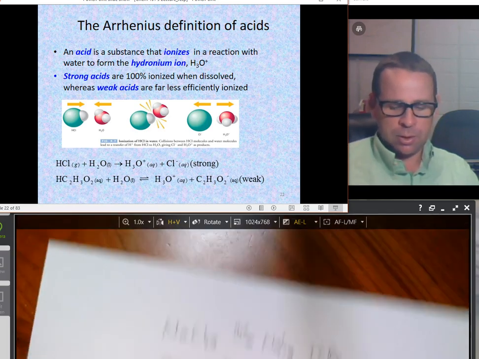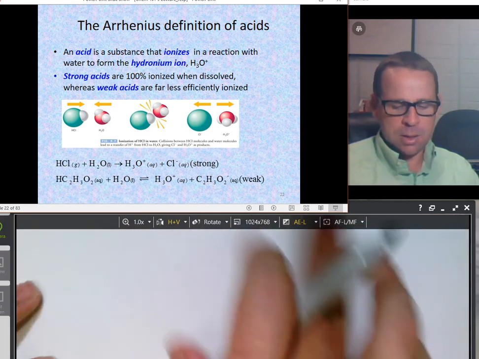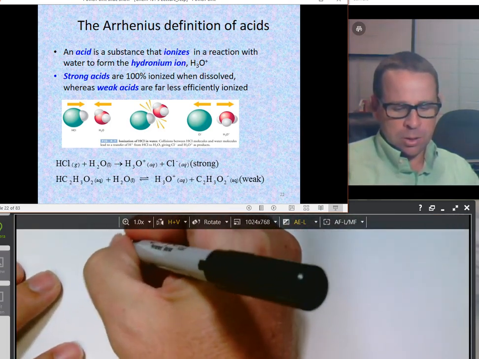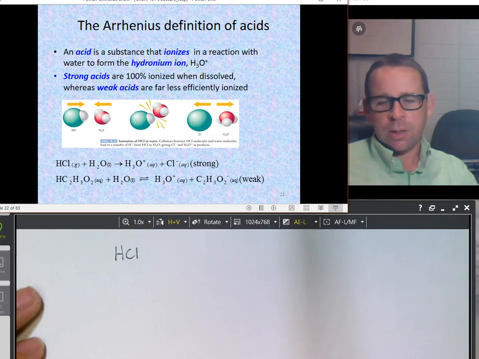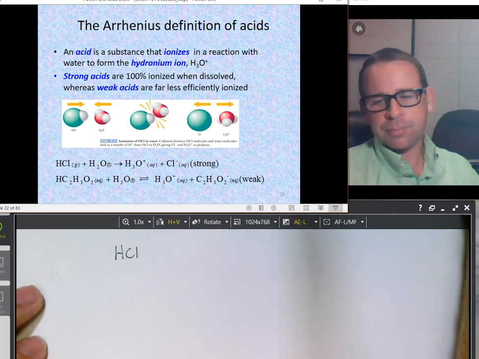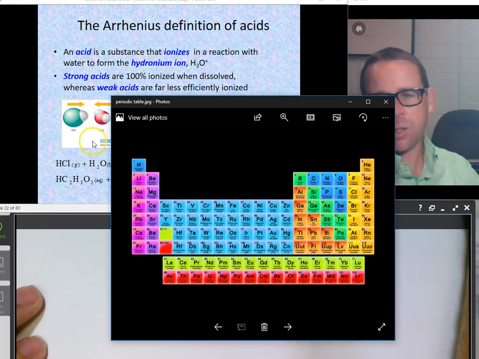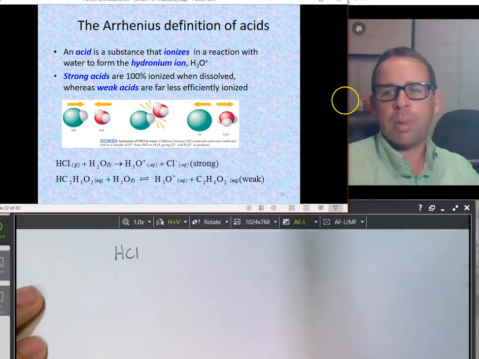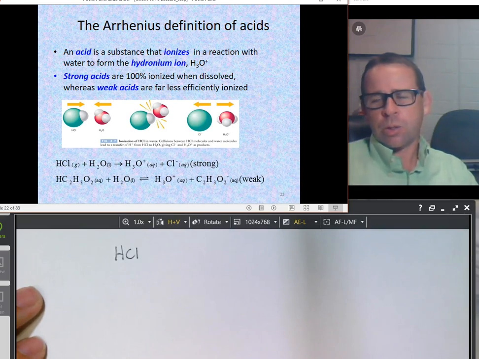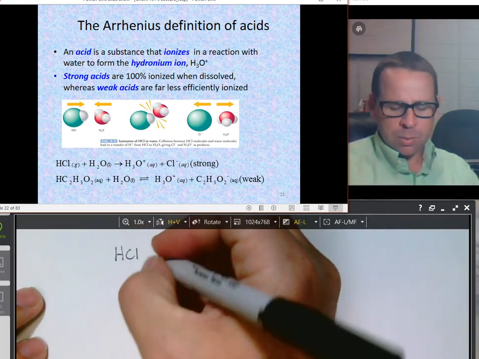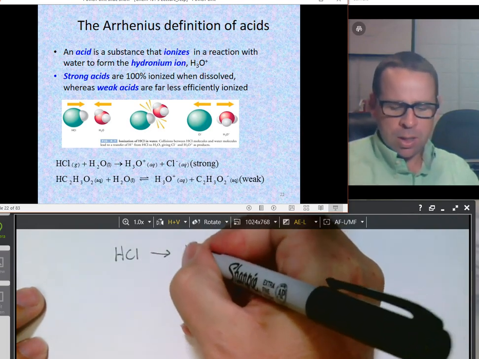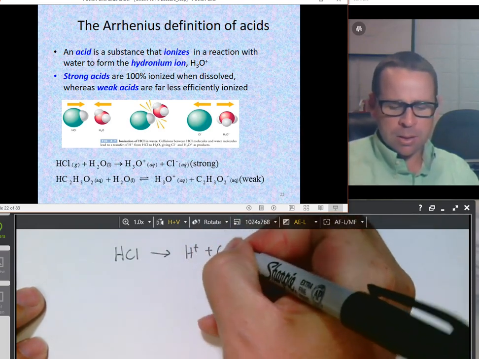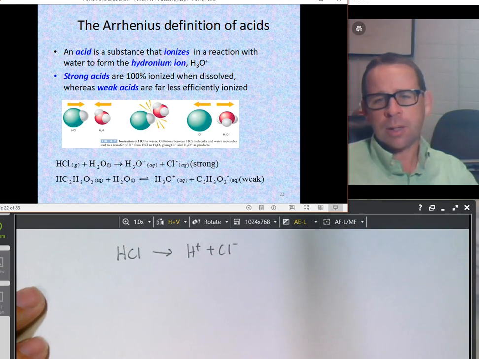So an example of one of these is this compound, HCl. If you look at our periodic table again, we'll see that hydrogen, which is a nonmetal, and chlorine, a nonmetal. So this is a molecular compound, right? So it's a molecular compound, but when we put it into water, it dissociates into ions, H plus ion and Cl minus ion. Okay?